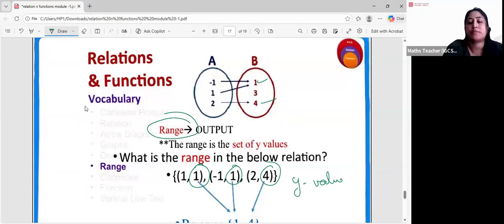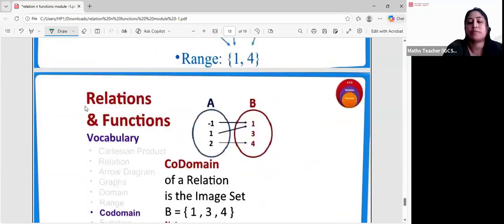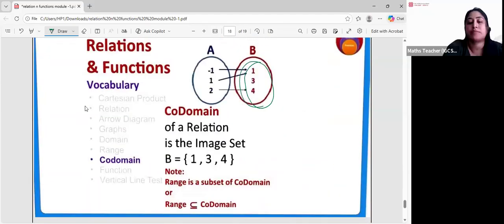And again, the codomain. Codomain is nothing but all the elements of set B. See, only if they are related do we count them in the range. Here minus 1 is related to 1, so only 1 and 4 are range. Understand? Only 1 and 4 are range.